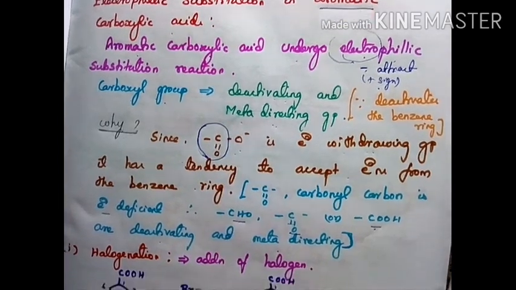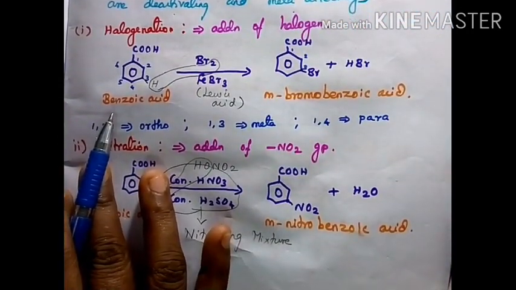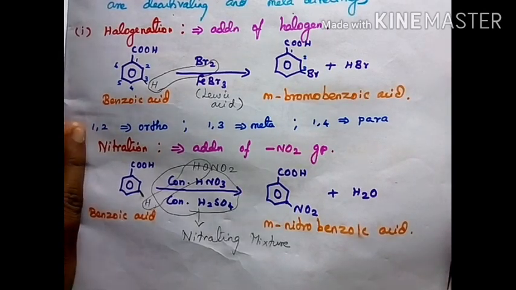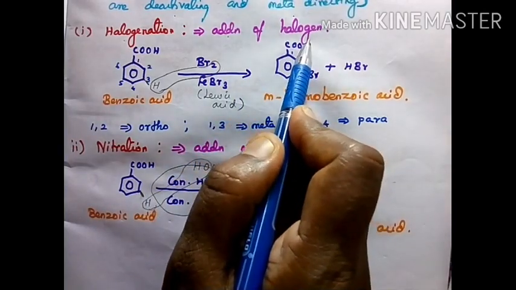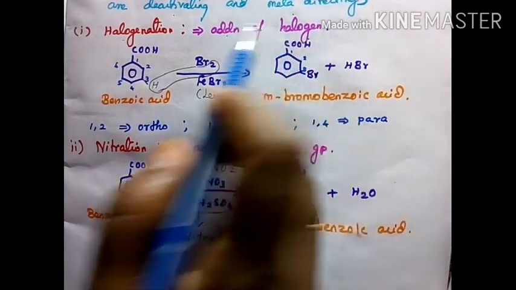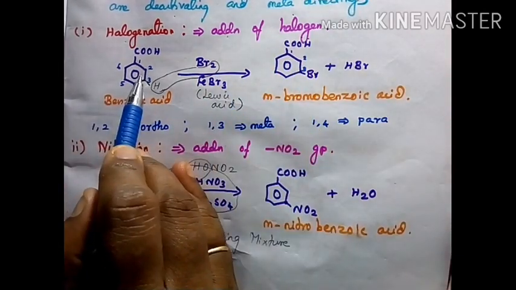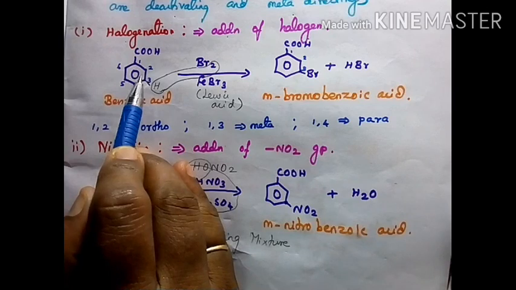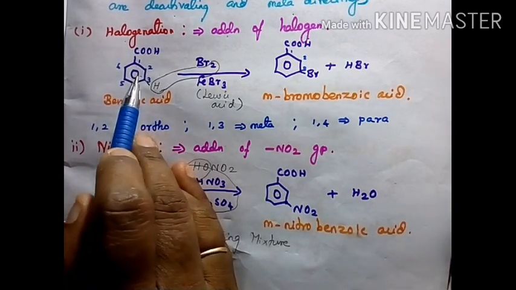Now, the first electrophilic substitution reaction here is halogenation. We already discussed, no? Halogenation means addition of halogen. This is our carboxylic acid, an aromatic carboxylic acid. What is an aromatic carboxylic acid? It contains a phenyl group, that is a benzene ring.